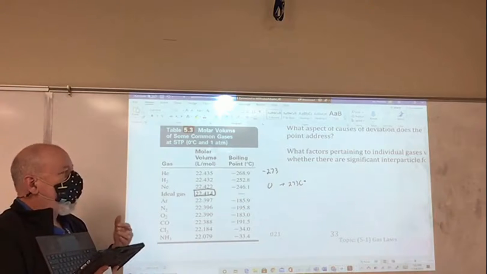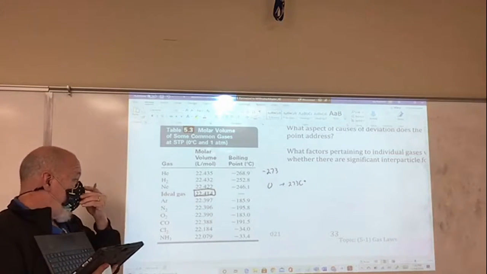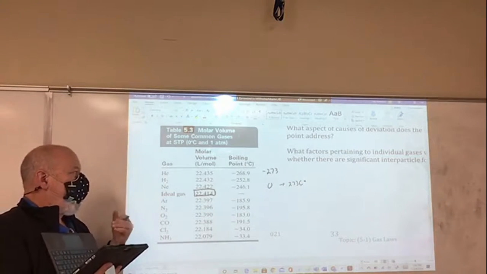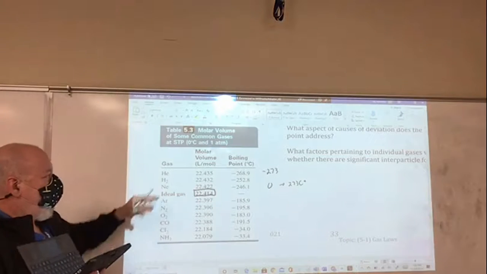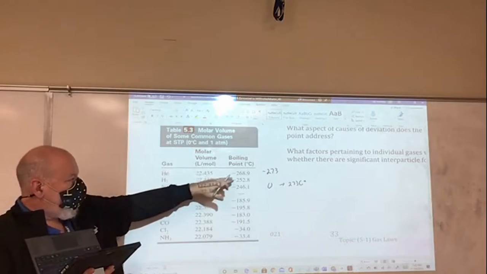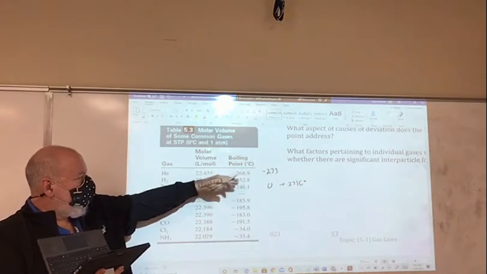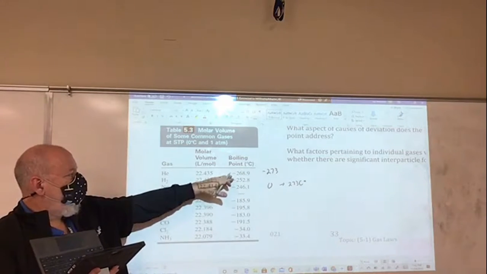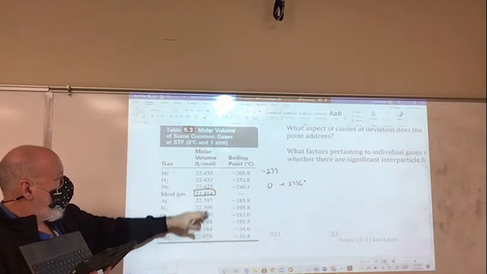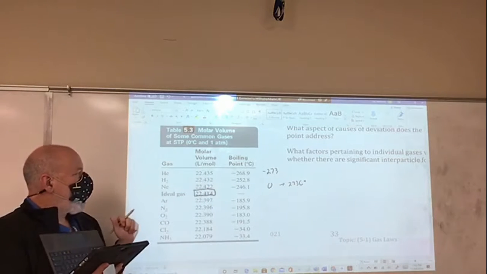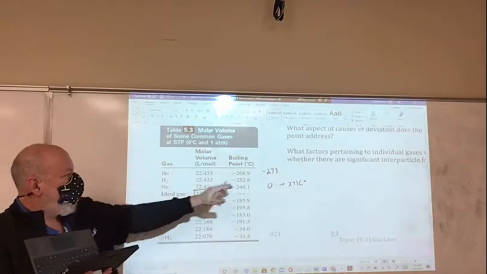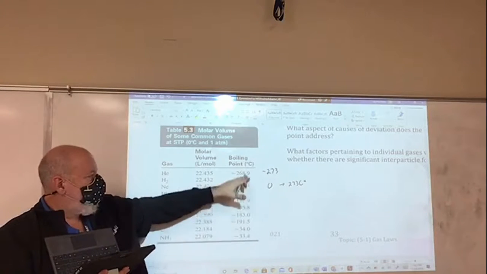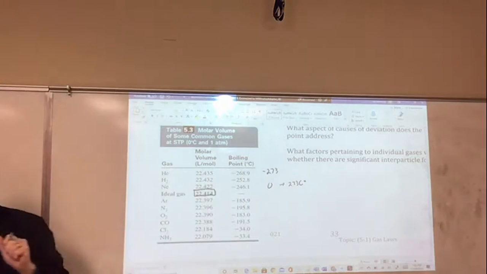I mean, you would not ever really want to do that because of the outlay of energy it would take to accomplish that. But notice that the lower the boiling temperature, the greater the molar volume. What do you think the boiling temperature is reflecting here?